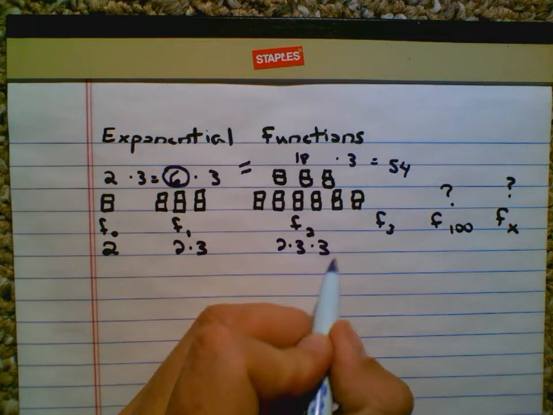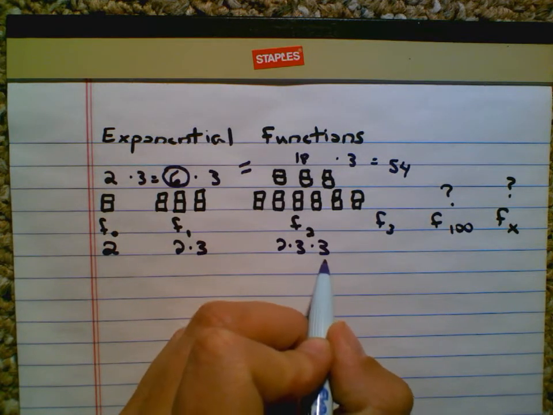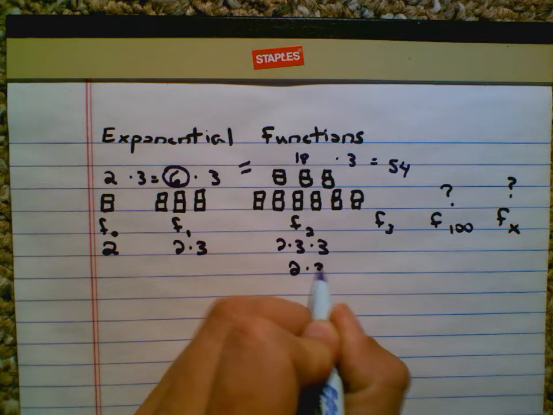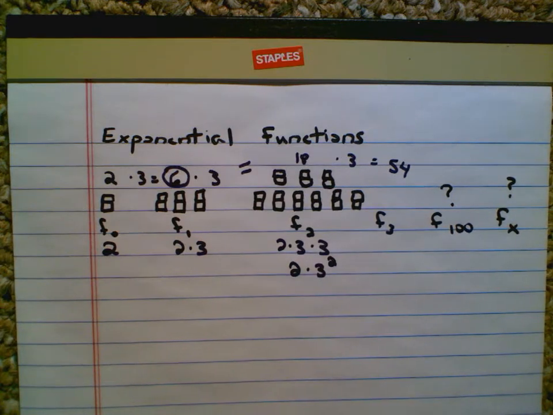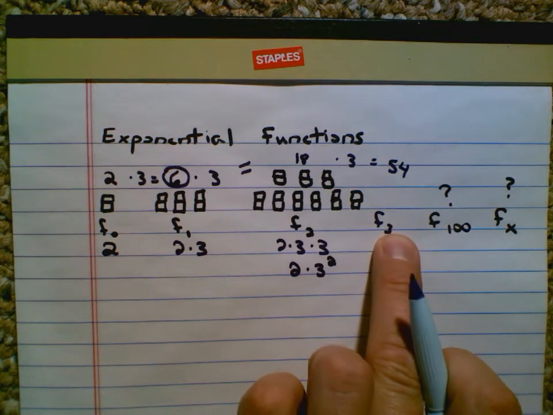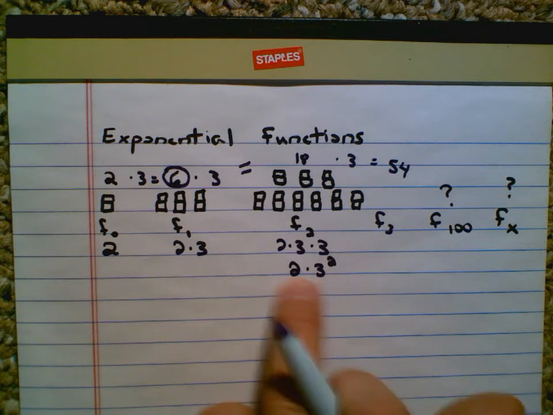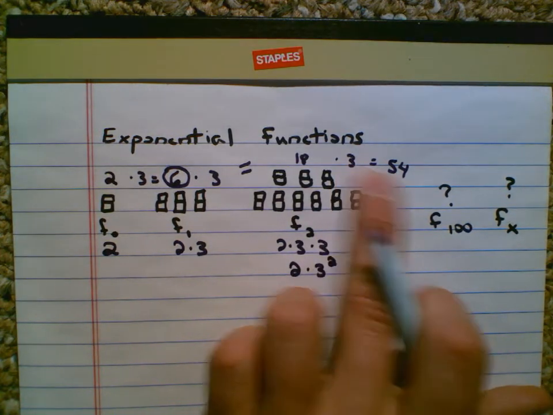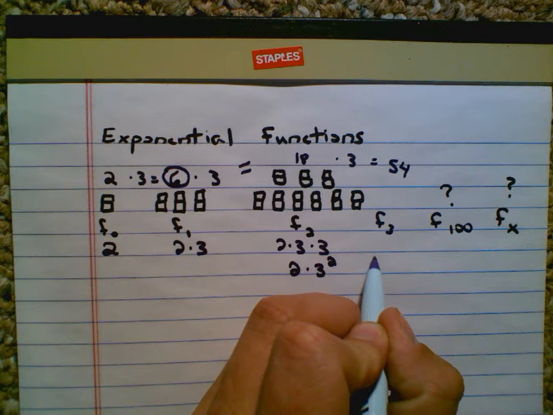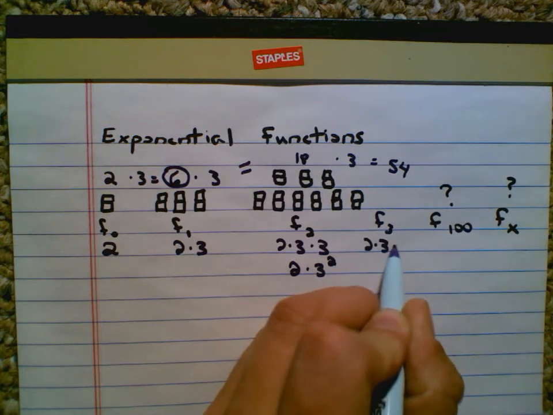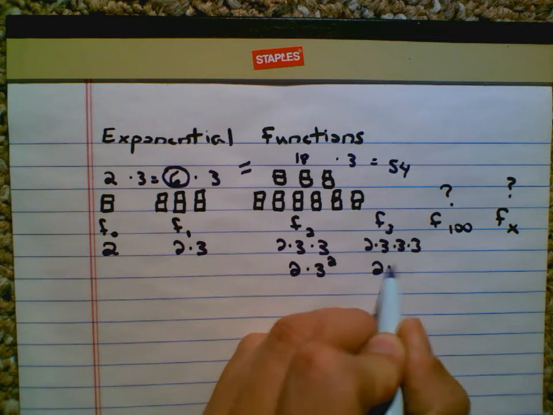Well, I can rewrite 2 times 3 times 3 as 2 times 3 to the second. Then, to find the number of boxes in figure 3, I took this expression and multiplied by another 3 to give me 54.